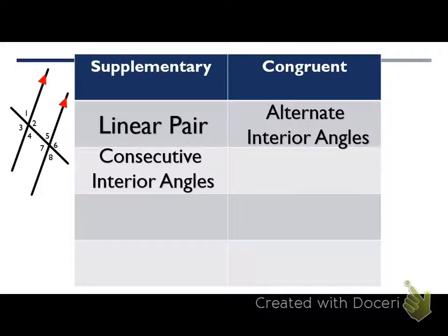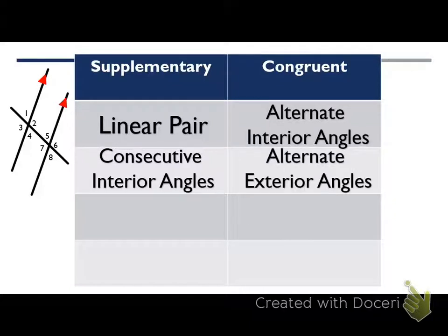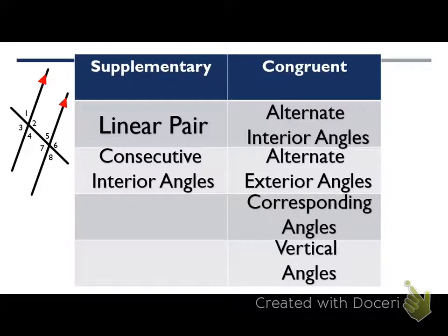Congruent. Corresponding. Thank you, Joshua. Alternate exterior. I said alternate interior, then alternate exterior. Then I wrote corresponding. And then I wrote vertical. Interesting order, I know. It is what it is.